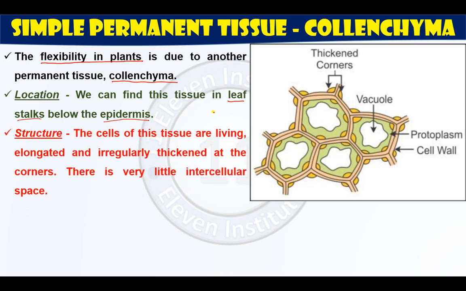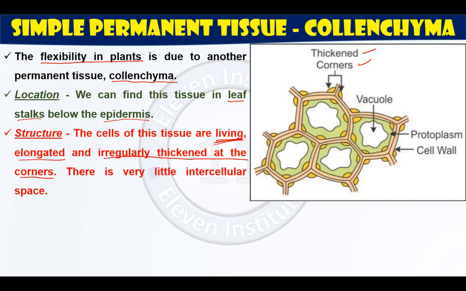Structure: the cells of this tissue are living. Again I am highlighting this. They are living, elongated, and irregularly thickened at the corners. So their corners will be thick. You can see the corners are thick compared to this surface. This is the middle part of the cell. These are the corners. It is written over here, thickened corners.